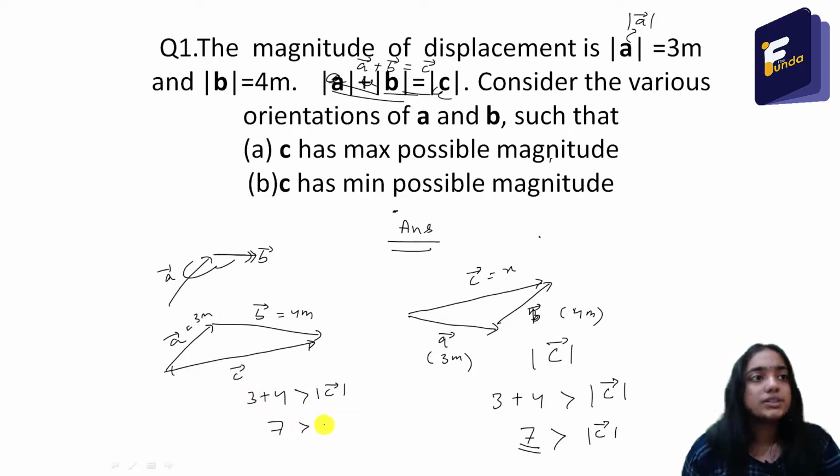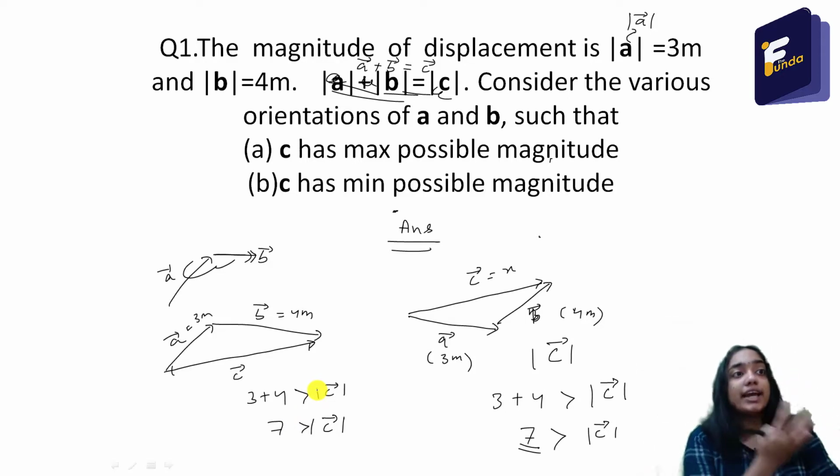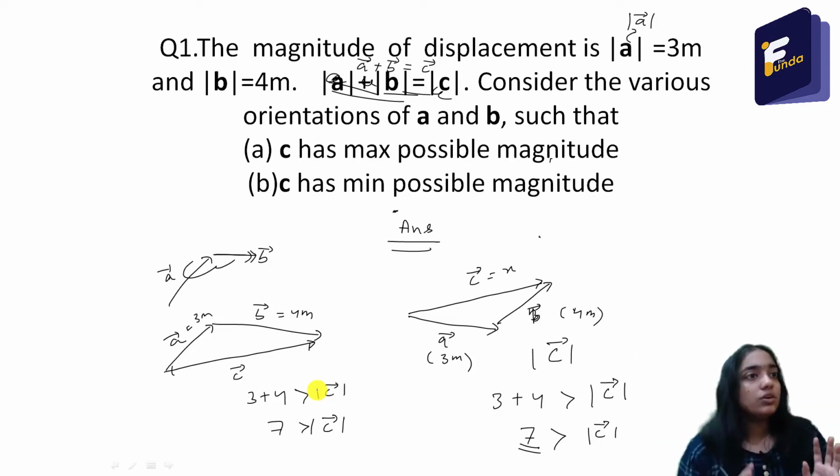So always, if you keep these two vectors like this, then always the magnitude of C vector will be less than 7. So how am I going to orient these two vectors A and B so that I will get a number greater than 7? Anyway I am going to keep these two vectors in a triangular form.